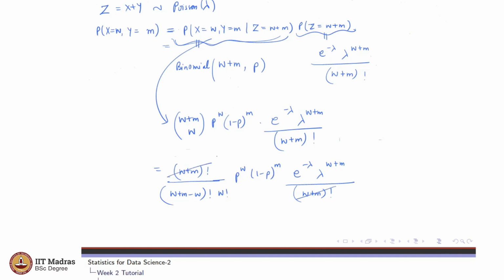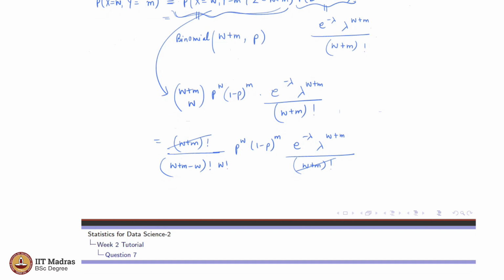So this gets cancelled out, and this again gets cancelled out, and you will have p to the power w, 1 minus p to the power m divided by m factorial w factorial, e to the power minus lambda, lambda to the power w plus m.